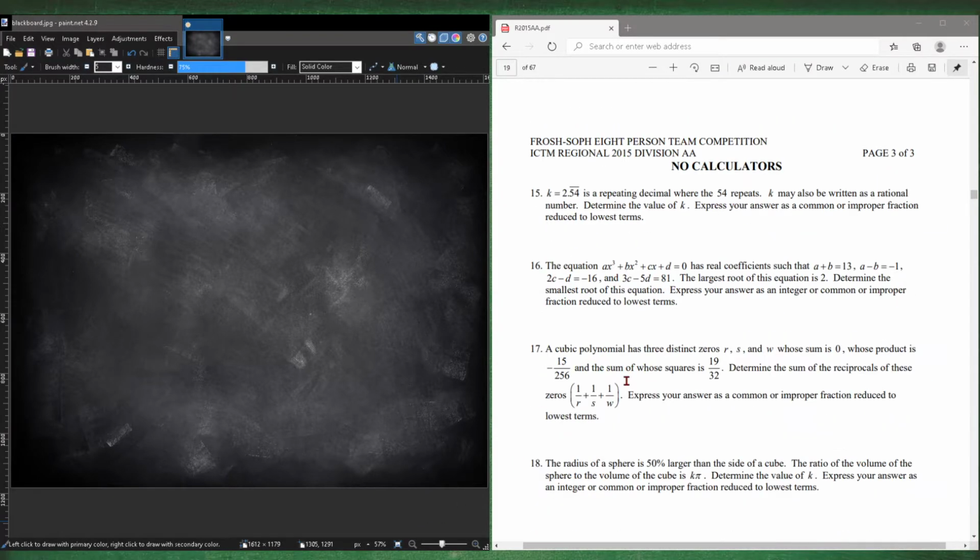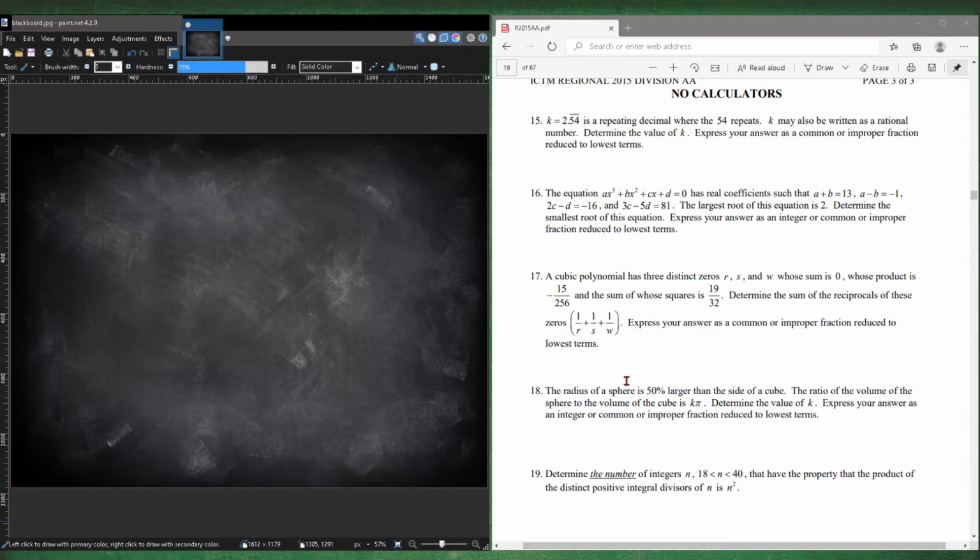Okay, question 17. A cubic polynomial has three distinct zeros, r, s, and w, whose sum is 0, whose product is negative 15 over 256, and the sum of whose squares is 19 over 32. Determine the sum of the reciprocals of the zeros, 1 over r plus 1 over s plus 1 over w. So we know that the sum is 0, so r plus s plus w is equal to 0.